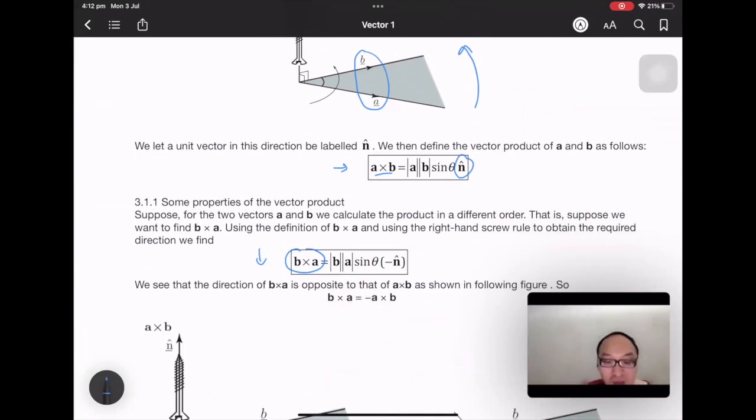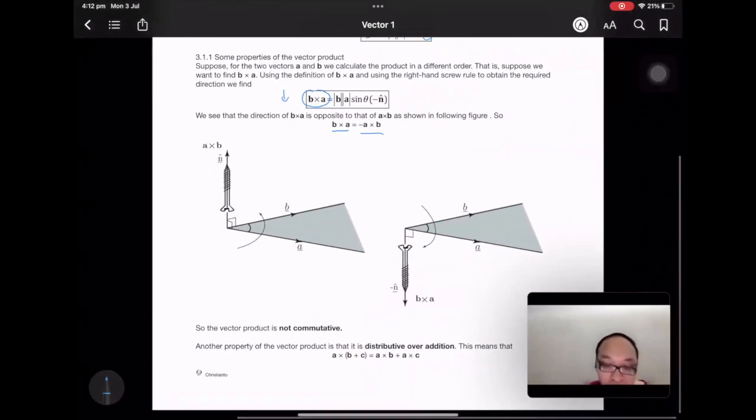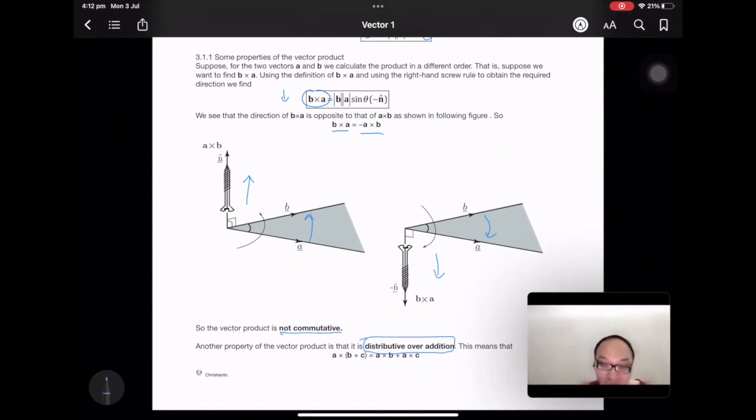That means they are not commutative, because B cross A is the opposite of A cross B. You can see from these figures: A cross B is upwards, B cross A is downwards. They are not commutative, but they follow the distributive law.